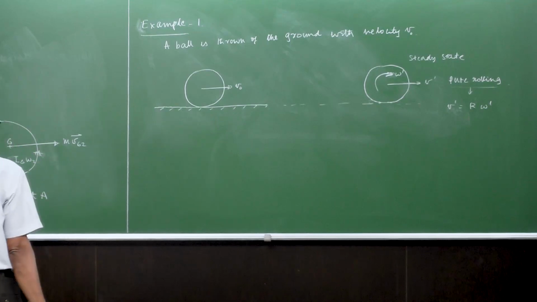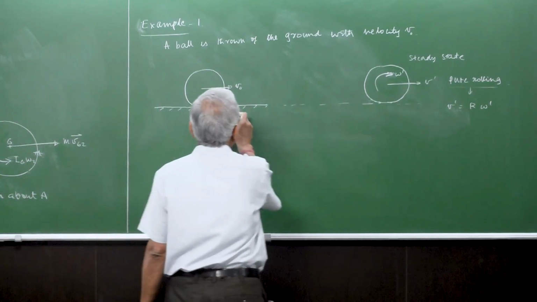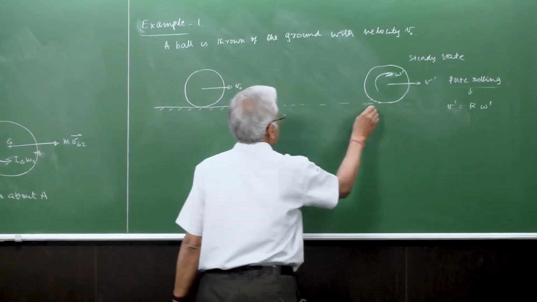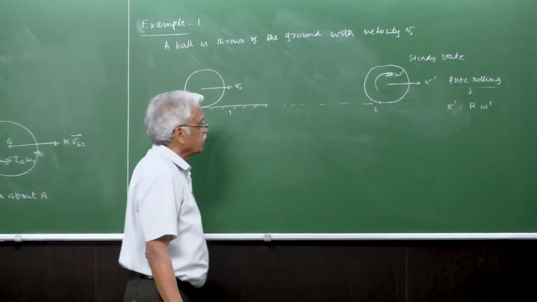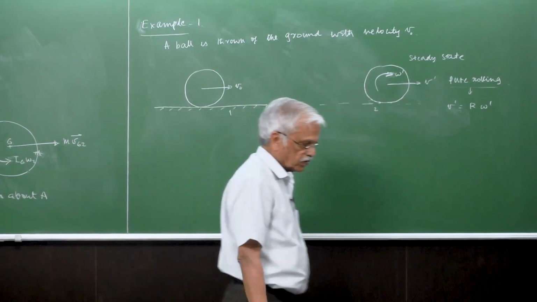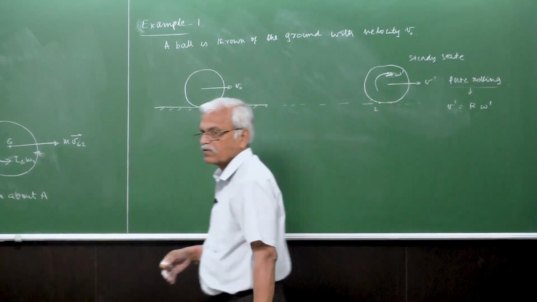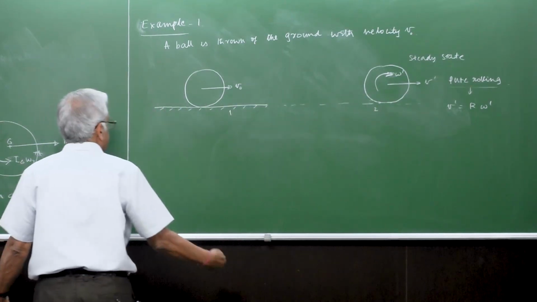Now, to go from this state to this, that is time 1 to 2, a certain process has taken place, and during that, certain impulses have been generated.